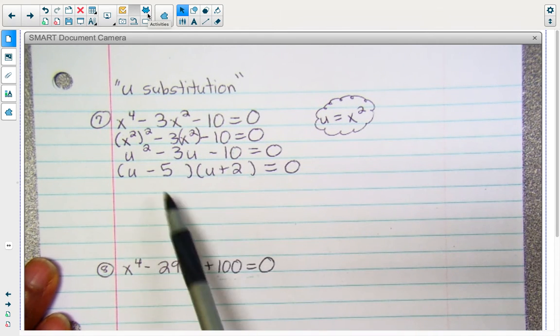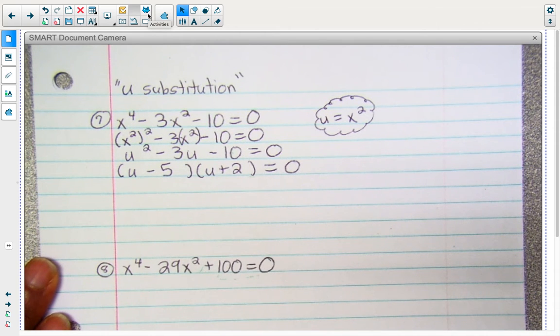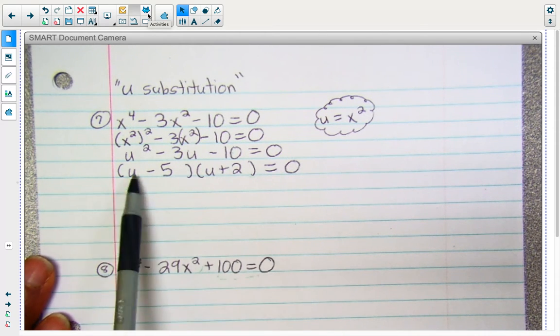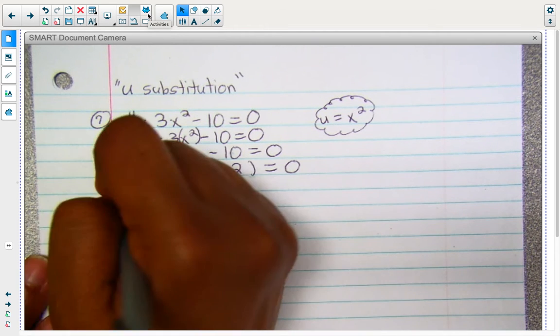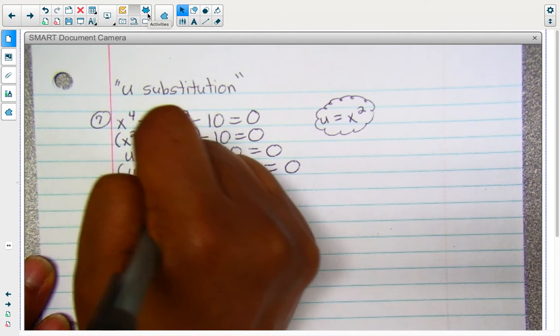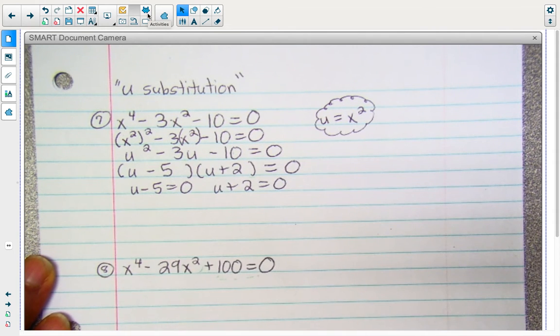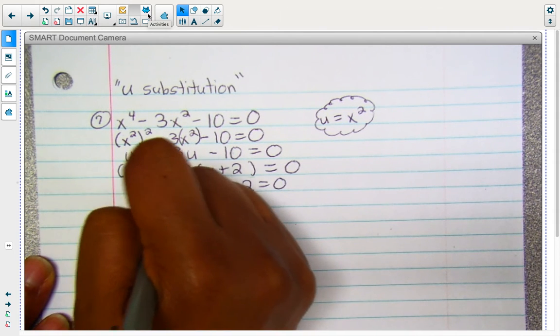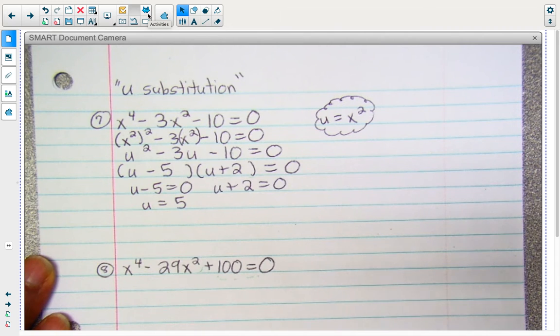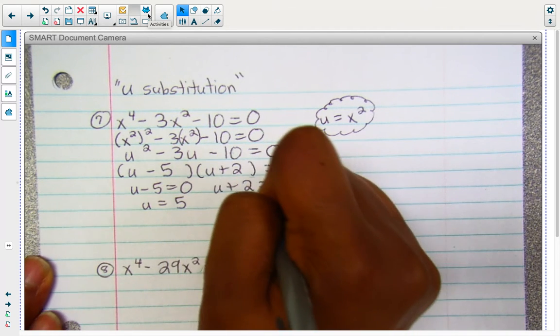Let's double check. Negative 5 times 2 is negative 10. We're in business. Negative 5 plus 2 is negative 3. We're good. We set each of these factors equal to 0, just like we would before when they were x's. No difference there. Add 5 to both sides: u equals 5. And subtract 2 from both sides: u equals negative 2.